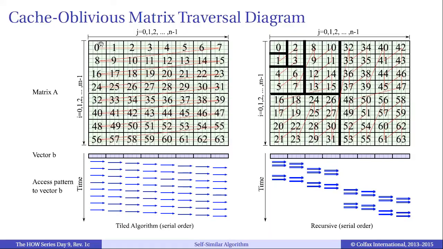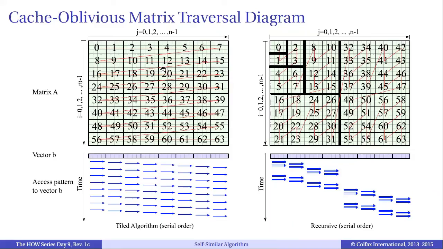Or I could change the order of tile traversal and go from top to bottom, from top to bottom, from top to bottom. This would improve the data access to B, but degrade the data access to A, because going from this tile to that tile, I jump in memory locations, because my matrix is row major.